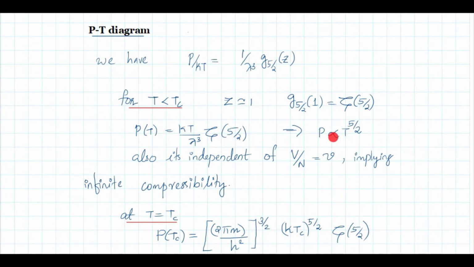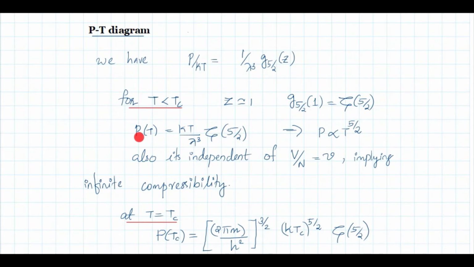This implies P is proportional to T raised to 5 by 2, because in 1 by lambda cube there is already a T raised to 3 by 2, and there is another T here, so that becomes T raised to 5 by 2.